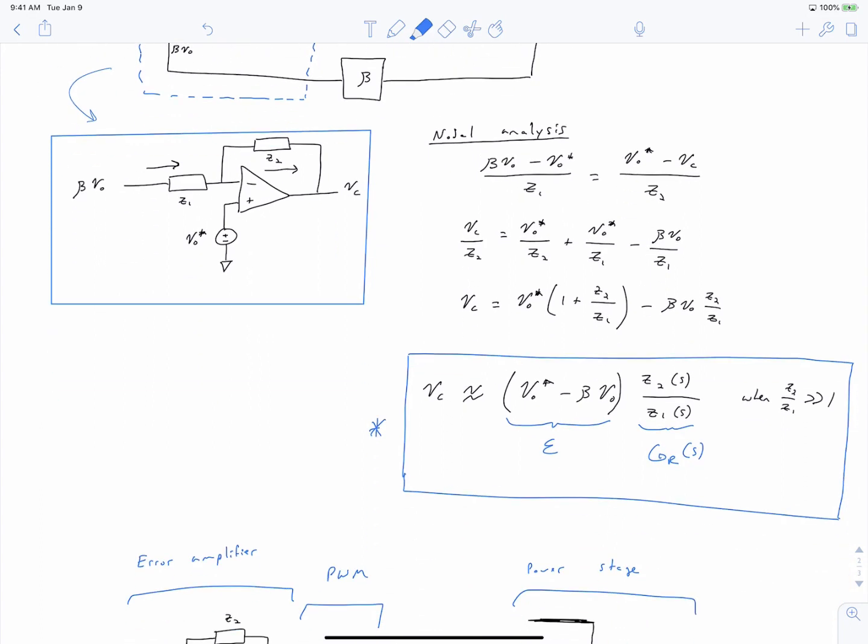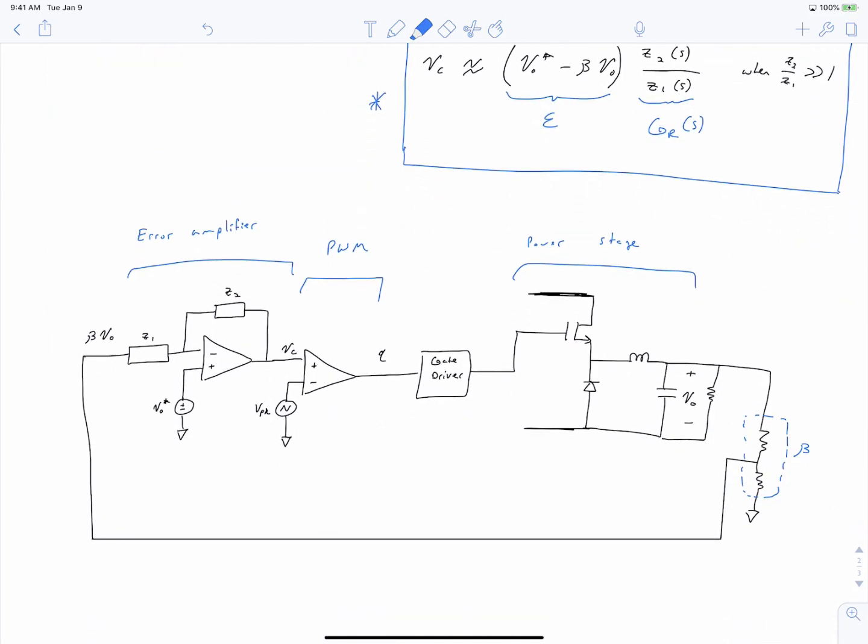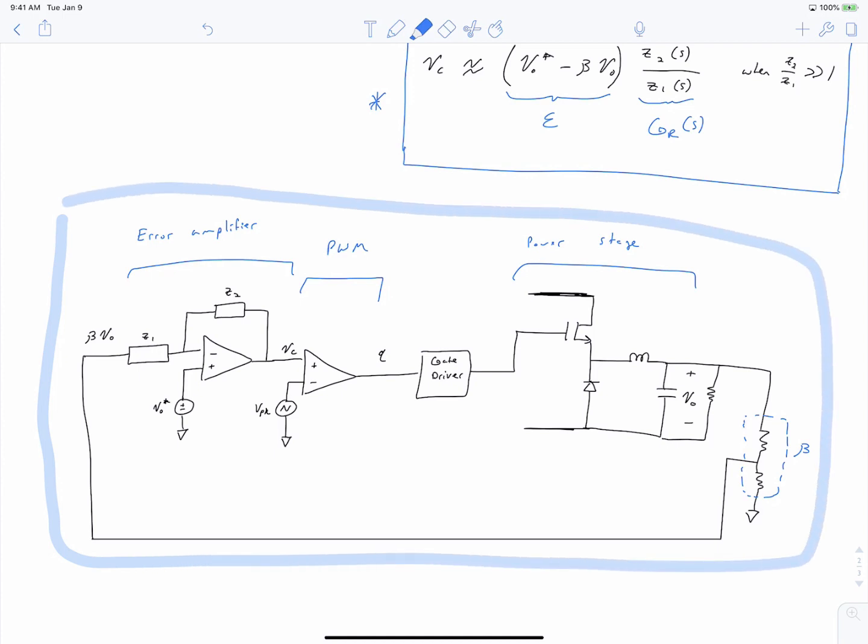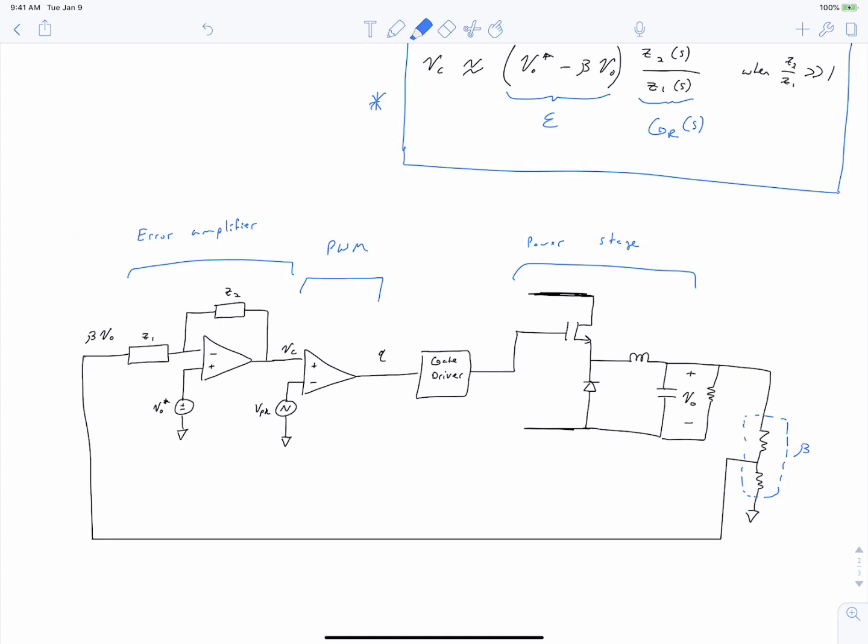We use nodal analysis to show what the output voltage expression is and when it is true. So how it realizes our error calculation and our regulator. And finally, we sketched how the complete system fits together with a power converter, a gate driver, a PWM stage, and a measurement system. So this wraps up the control unit.